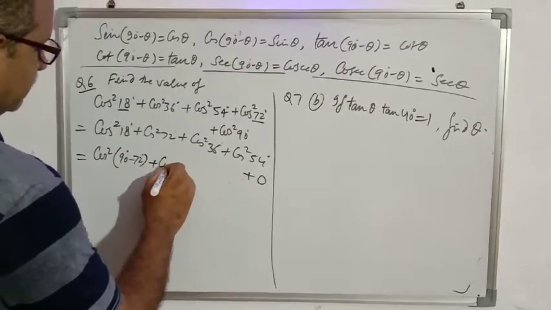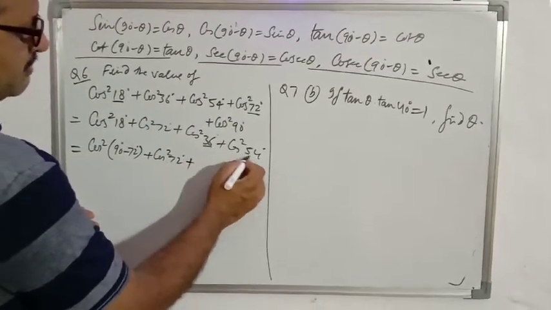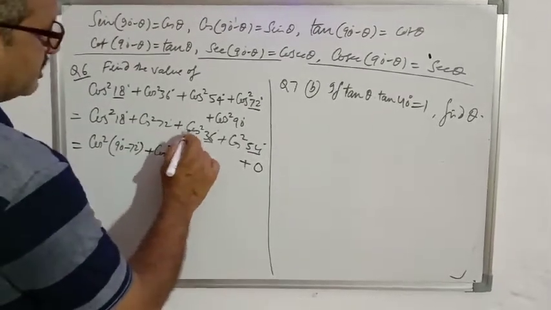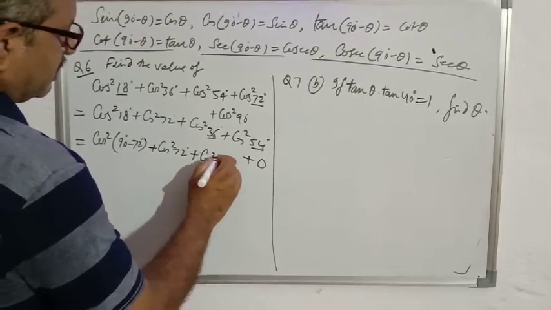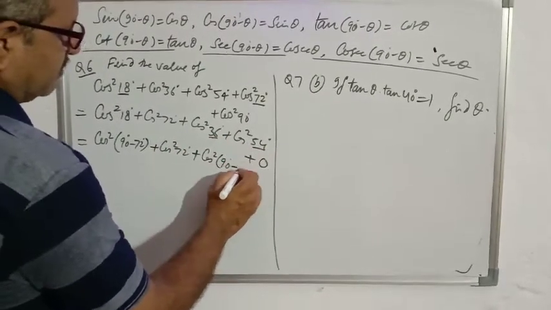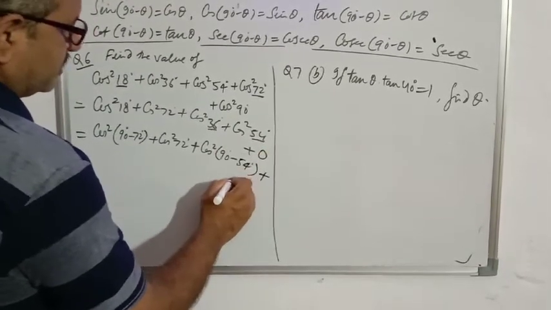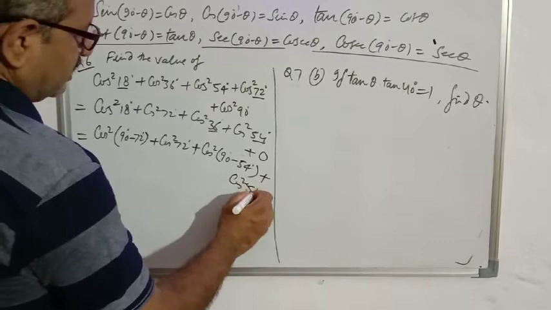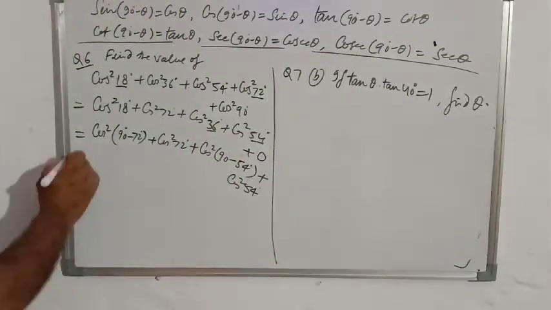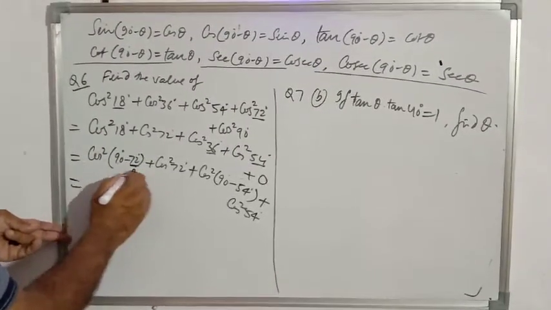Plus cos square 72. Here 36 plus 54 is again 90, so we will change one of them. So change this one: cos square, in place of 36, 90 minus 54, plus cos square 54, and this is plus 0. Here cos 90 minus theta, theta is 72.